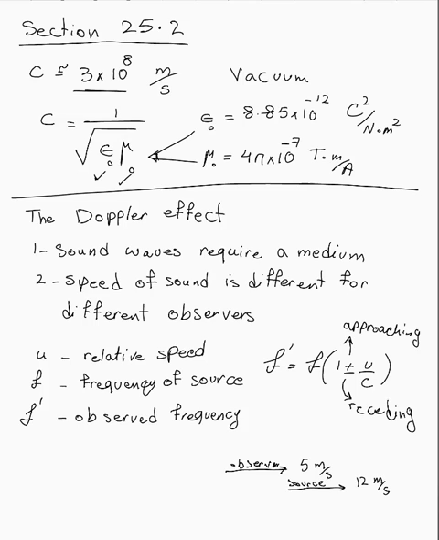Then the relative speed is 12 minus 5, which is 7 meters per second. Because the distance between the observer and the source is increasing with time, we would choose the minus sign in f'.